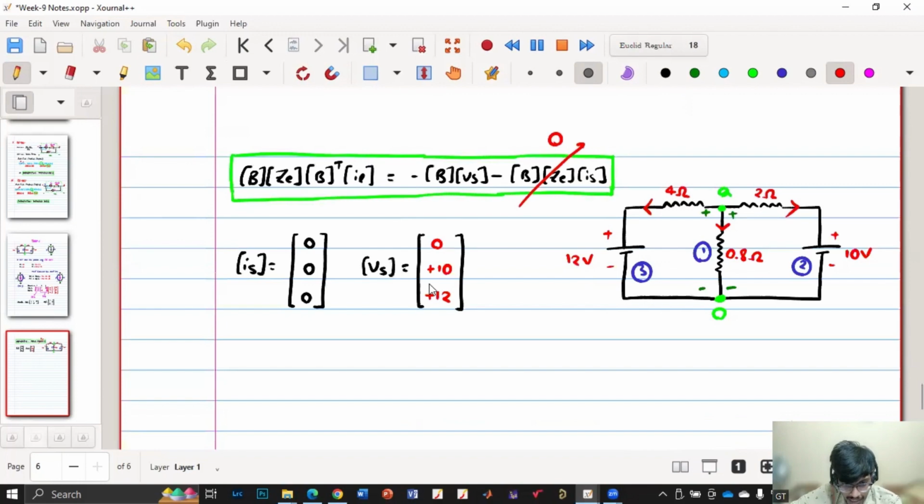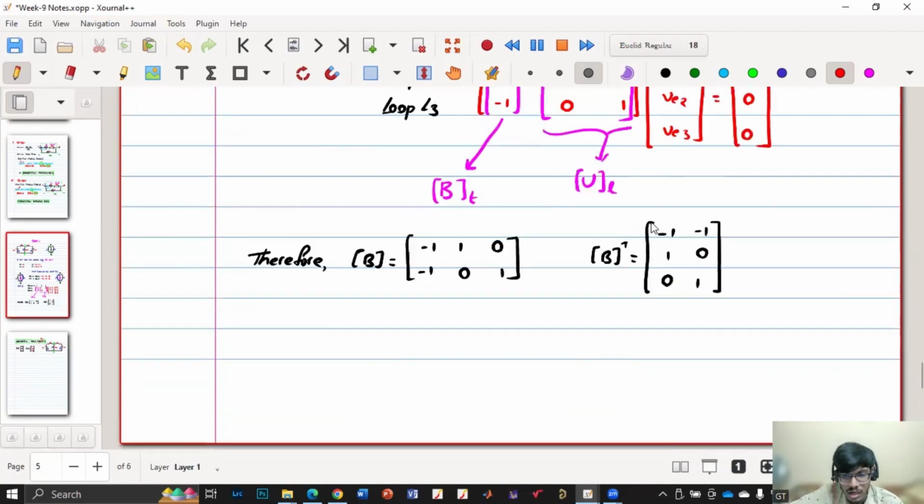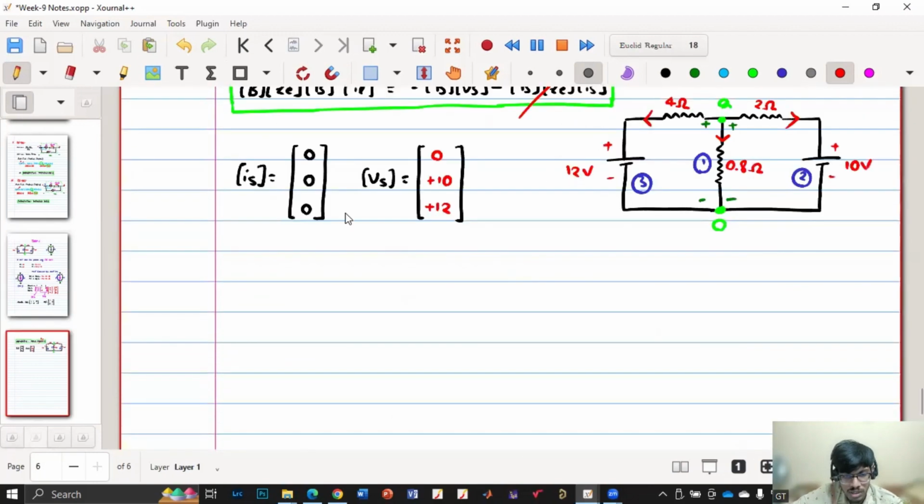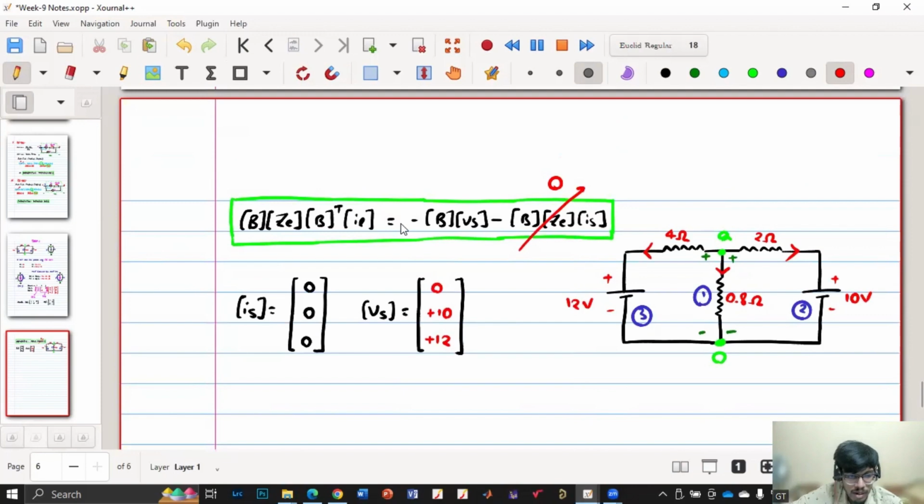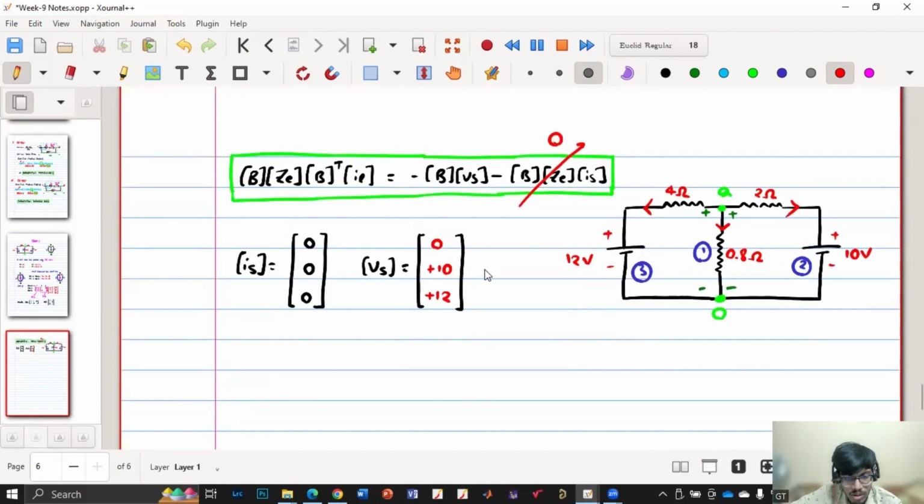And similarly here also, plus 12, plus 10, these things will change. So this part also you have to be careful. Maybe today or tomorrow, whenever you are free, consider different current directions and do the same procedure. Probably you will end up with a different matrix, but the answer should come the same. So here it could be plus 10 minus 12, minus 10 plus 12, or minus 10 minus 12.